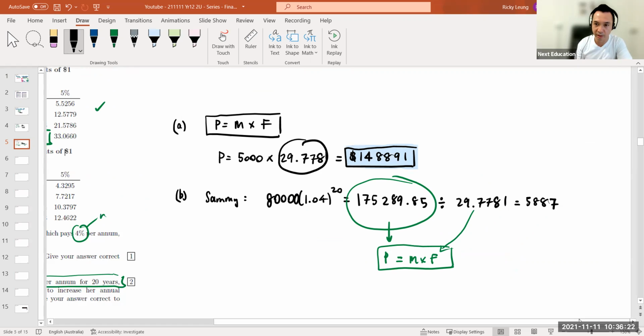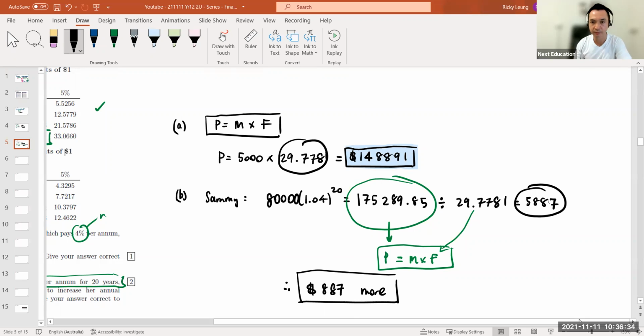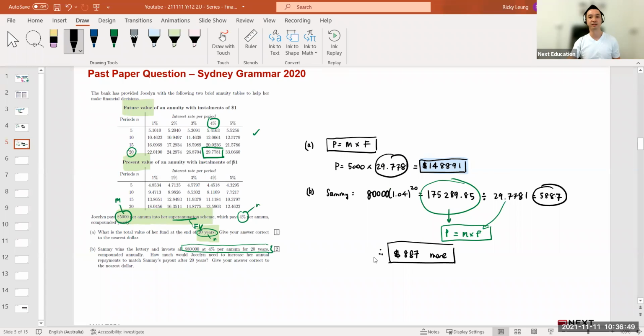So it looks like it's $887 more. That's what she needs. Does that make sense? So basically, we got a new total at the end, a new P value. Divide by the same factor, same interest, same 20 years to get the new periodic repayment, and then get the answer, guys.